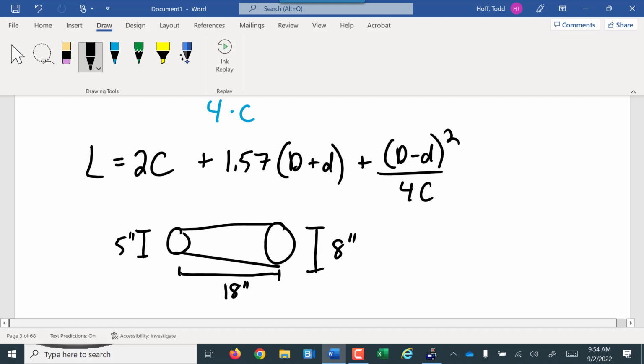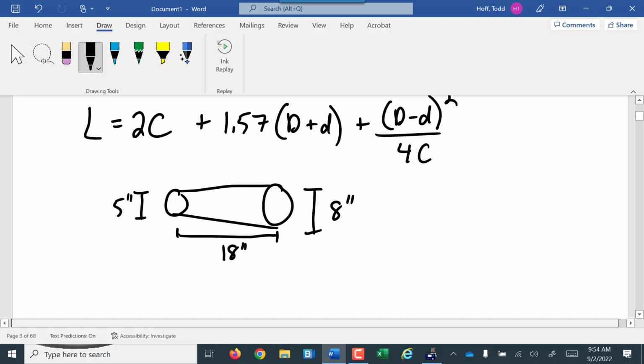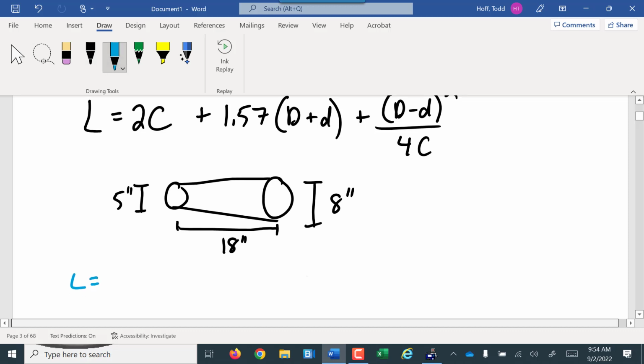So let's look at an example here. We have two pulleys, a 5-inch pulley and an 8-inch diameter pulley. The center of their shafts is 18 inches apart. So the calculation of our belt length is 2 times what goes in for C? 18, good.